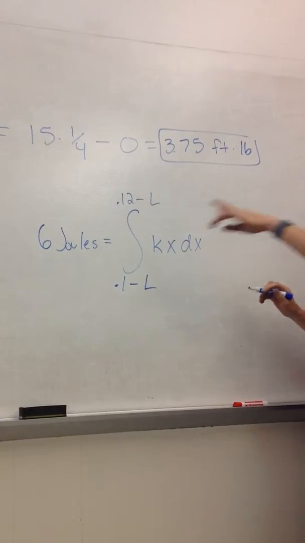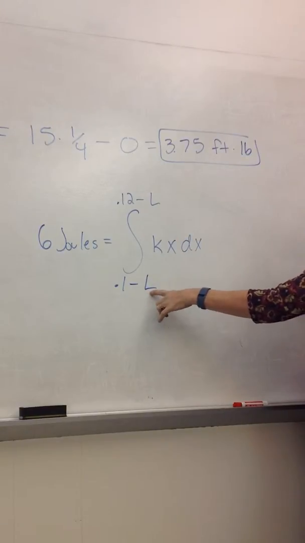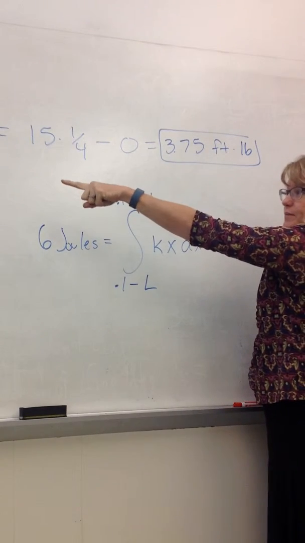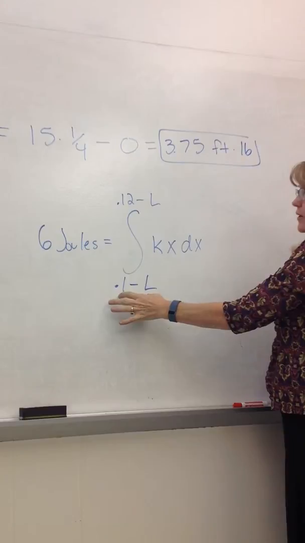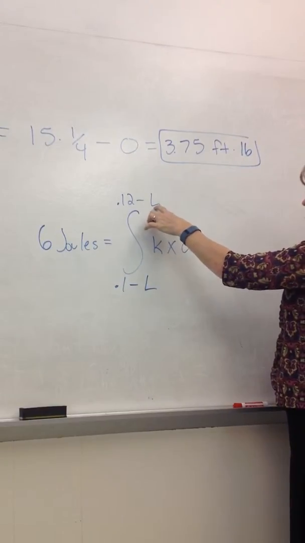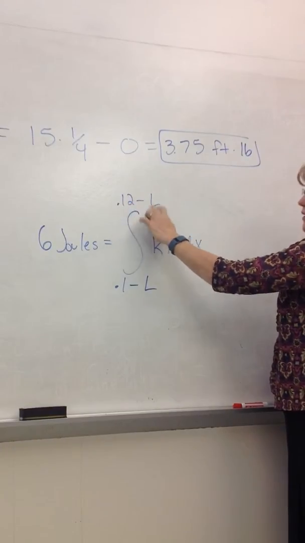Just to help you understand these limits, if the natural length was 10 centimeters, then this would be 0, and its natural length is represented by 0. We would have stretched it from its natural length to 2 extra centimeters, and this would be 0.02.